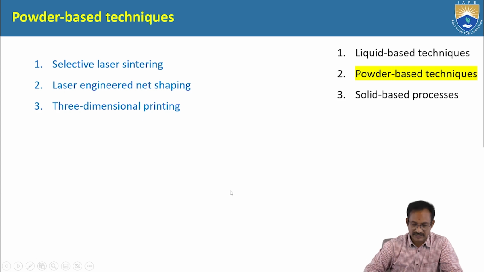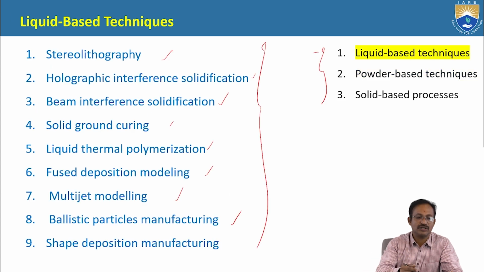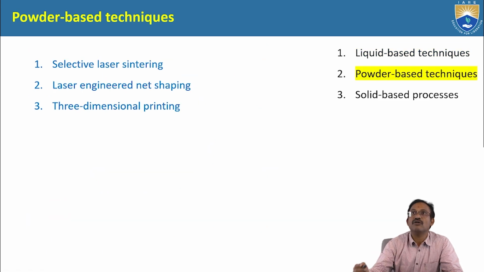Before we discuss stereolithography and all these things under liquid based techniques, let us finish these. So far we have discussed liquid based techniques. There are 9. Now let us see powder based techniques. What are the powder based techniques? Selective laser sintering, laser engineered net shaping, 3-dimensional printing.